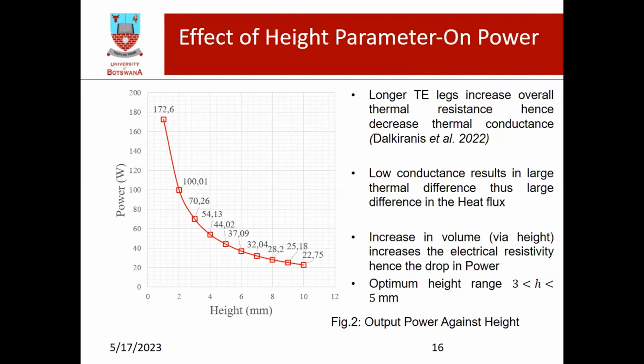And when the temperature difference is very high, you'd find that there's a higher output of the power and the efficiency.